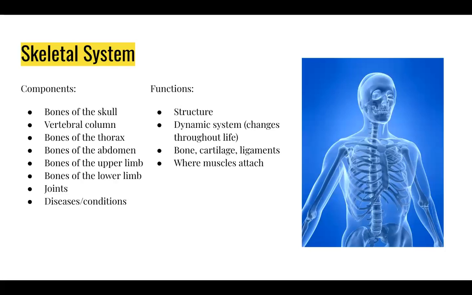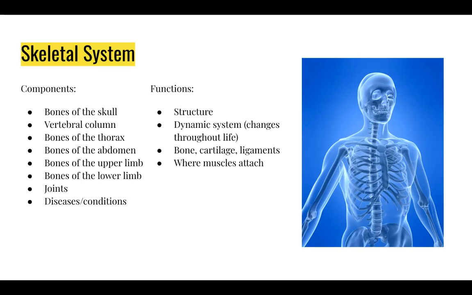Starting with the skeletal system, we will be going over every one of the components today. The function is that it's the structure for the human body. If you didn't have your bones, you would be a noodle. Your body would not function. This is a dynamic system, meaning it changes throughout life. As a baby you have way more bones because they are all separate and haven't fused together yet.